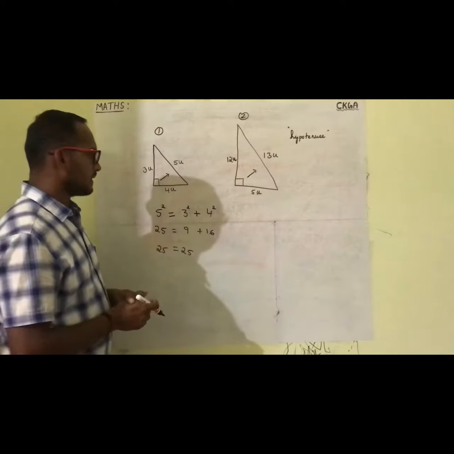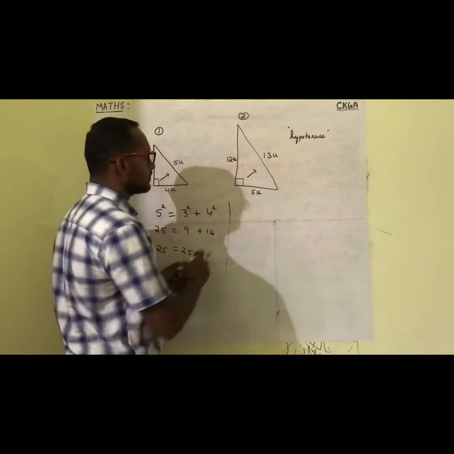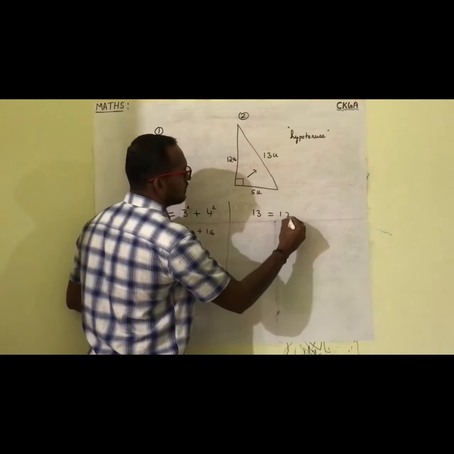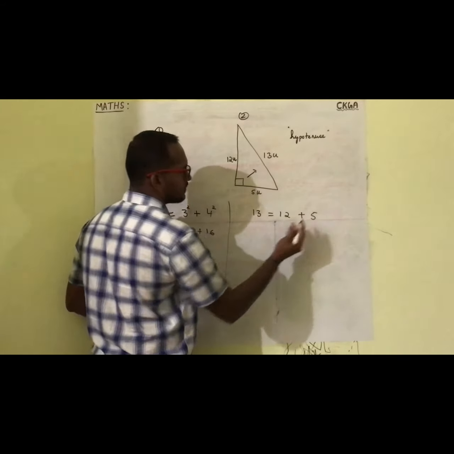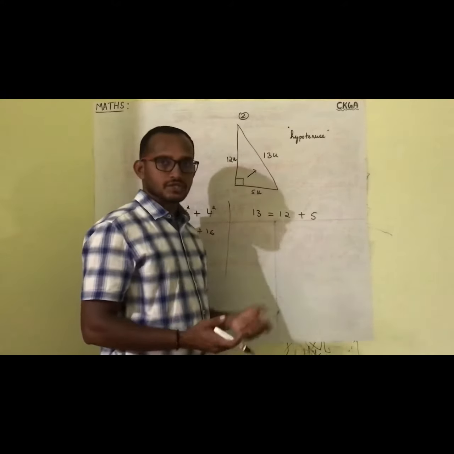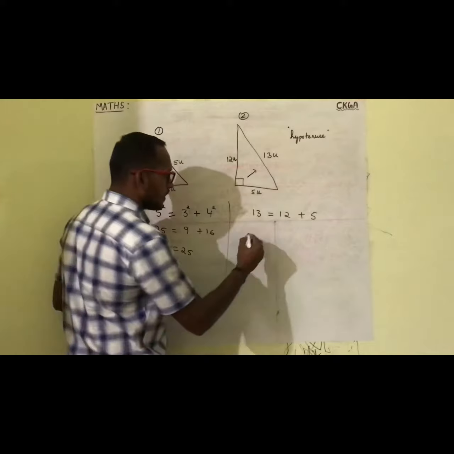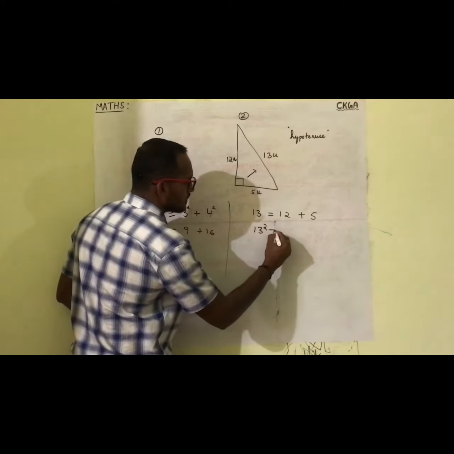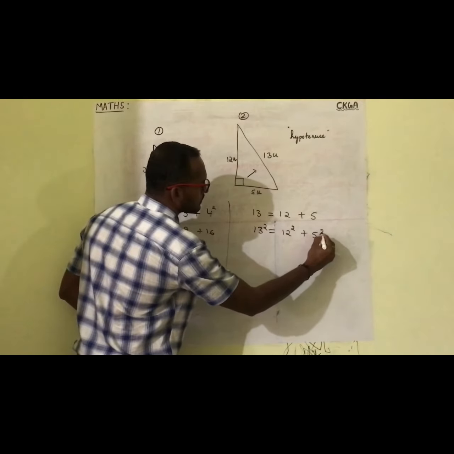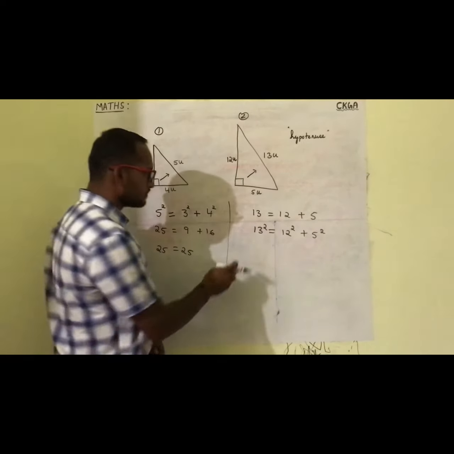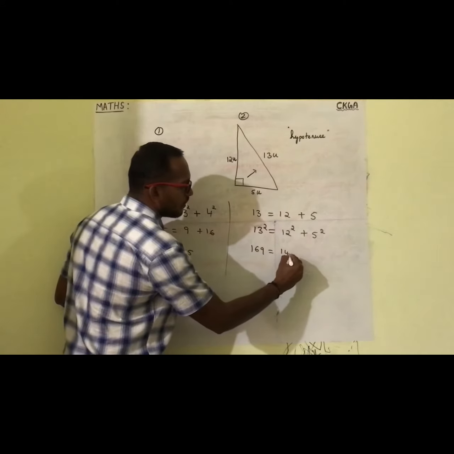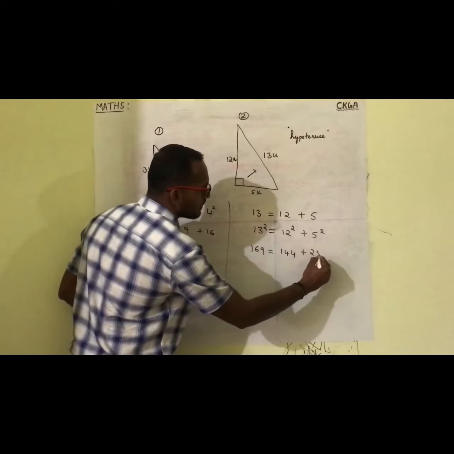So let's go for the second case. Same thing. I'll go for 13 units is equal to 12 plus 5. No, never. It cannot happen because 13 will never equal 17. What if I make it square? 13 square is equal to 12 square plus 5 square. Let's analyze. 13 square is 169, 12 square is 144 and 5 square is 25.